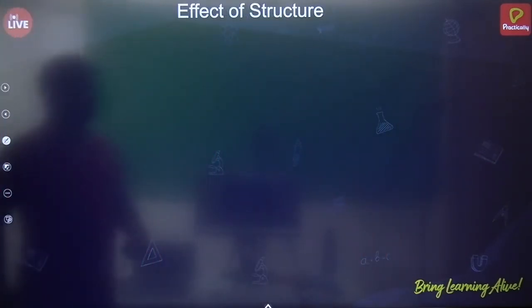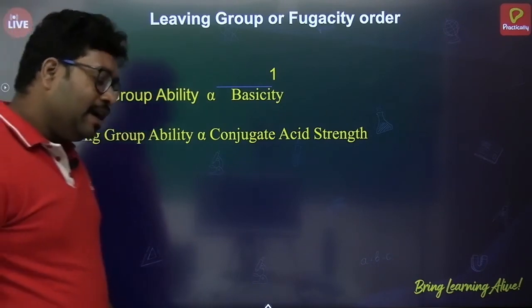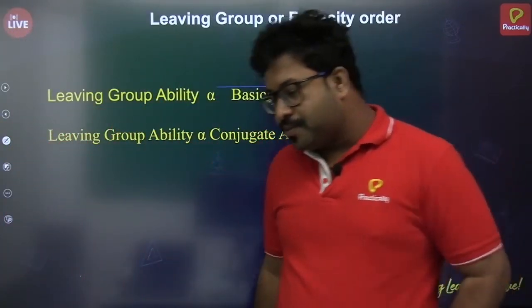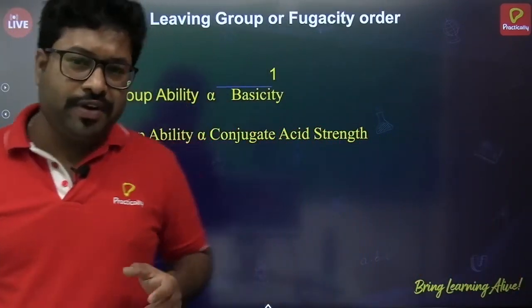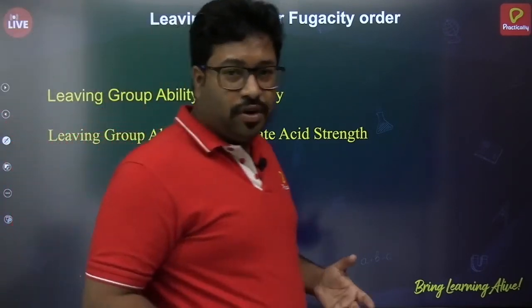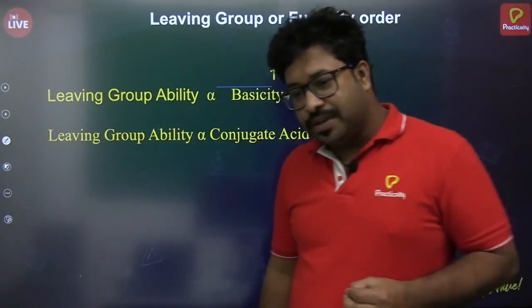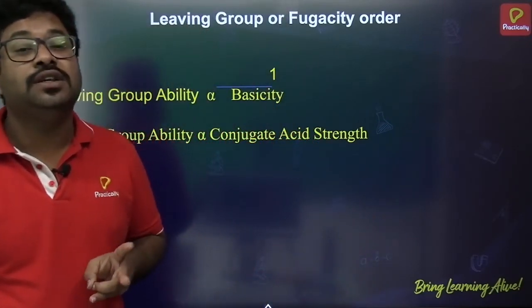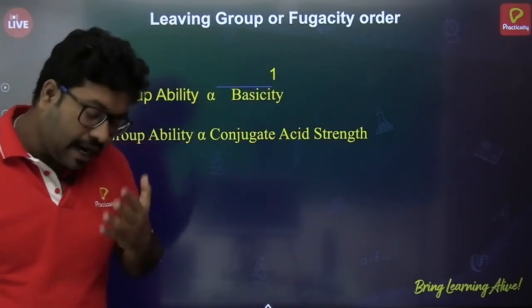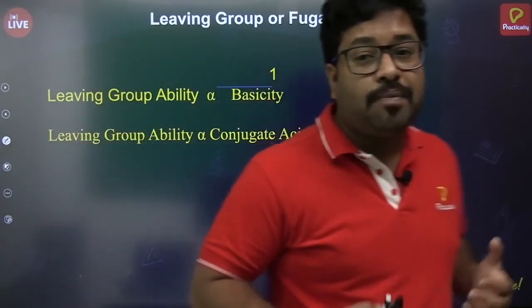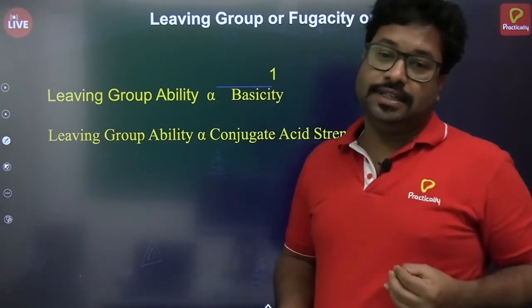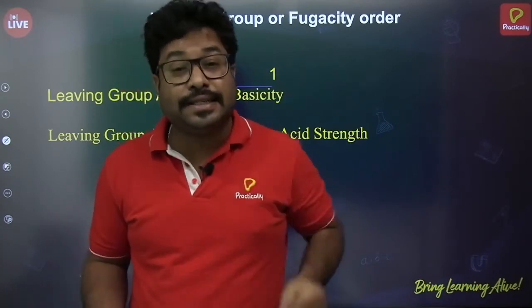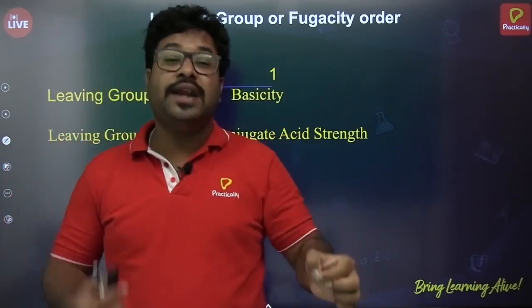Moving ahead. Last point: leaving group fugacity order. Now, we know that if the leaving group is good, the rate of SN1 and SN2 reactions would be faster. The effect of leaving group order, or fugacity order, is absolutely the same on both SN1 and SN2.